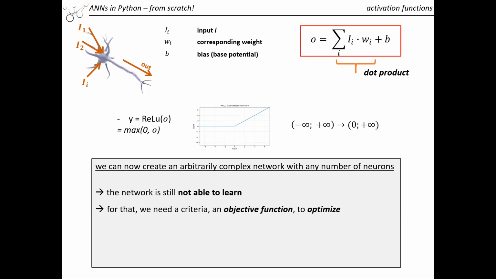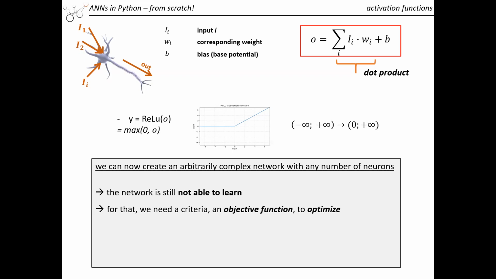So we have to compare the actual output to our target output, and we have to measure the quality somehow. So how well does the output match the target output? And we do this with a so-called objective function. It's just a mathematical function that quantifies how well our generated output matches the desired output.